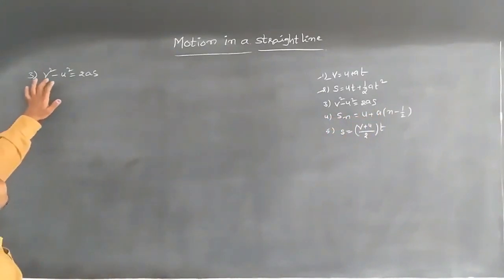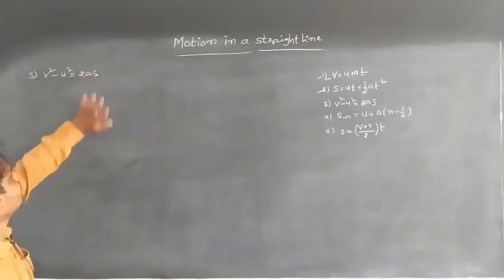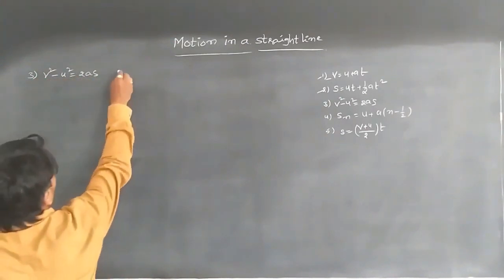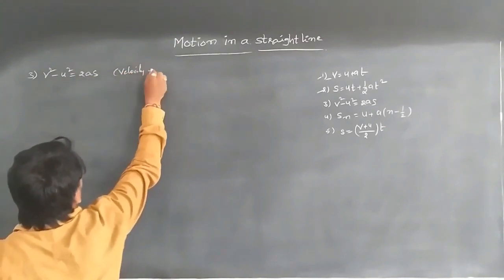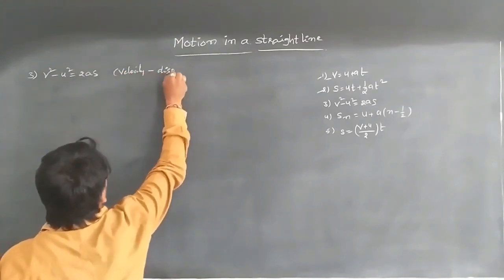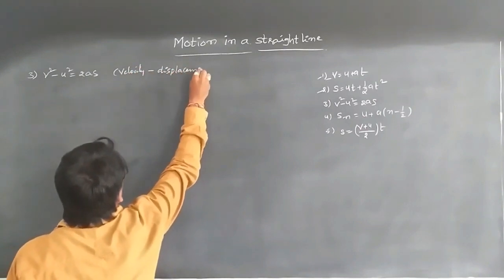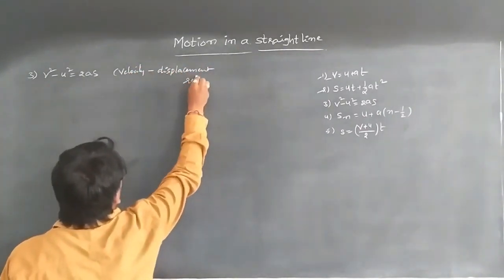In the case of v square minus u square is equal to 2as, this is the relation between velocity and displacement. Velocity displacement relation.